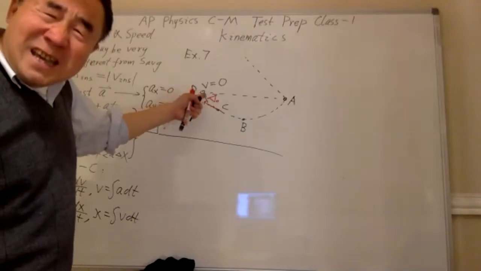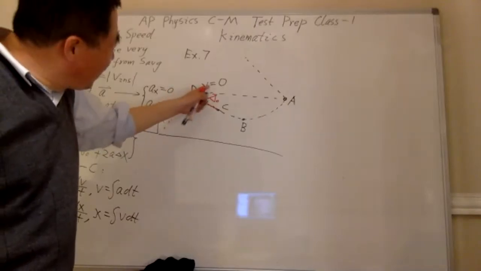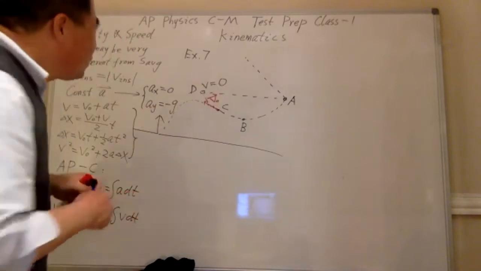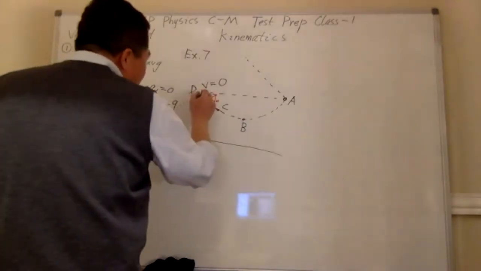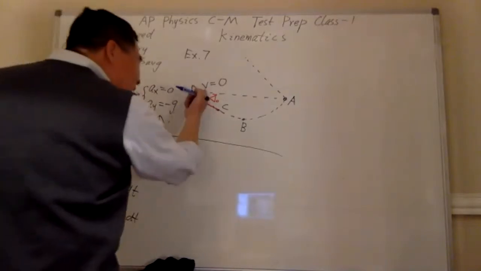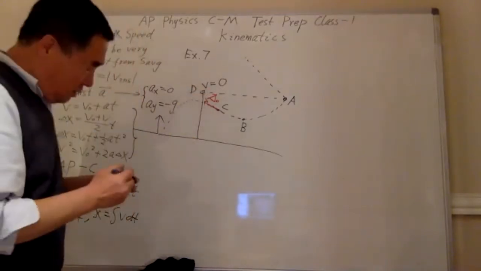If at D the velocity is equal to 0, then what are they going to do? They just do free fall. So the D path is just free fall.